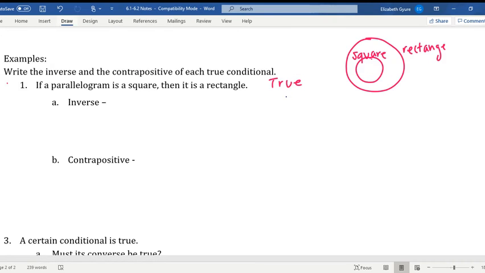So now the inverse. Our form there is if not P, then not Q. So we need to take our statement and negate it.